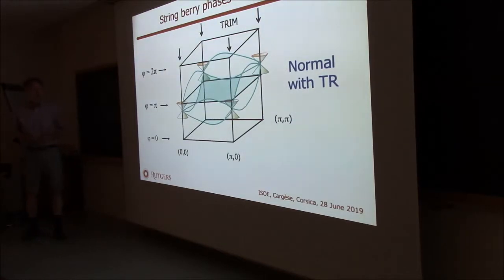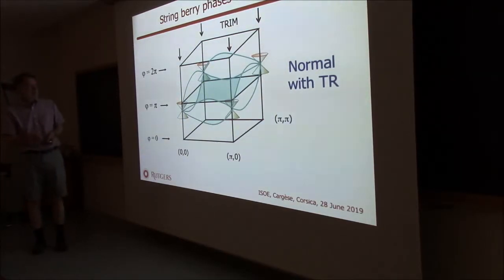In 2 dimensions, there are 4 TRIM. Each one of these, like this one, when I apply time reversal symmetry, it becomes minus pi, 0, which is itself. And so these 4 points are the only 4 points in the 2-dimensional Brillouin zone that have that property. And at those 4 points, symmetry imposes this Kramers degeneracy, so I get this Dirac cone structure.